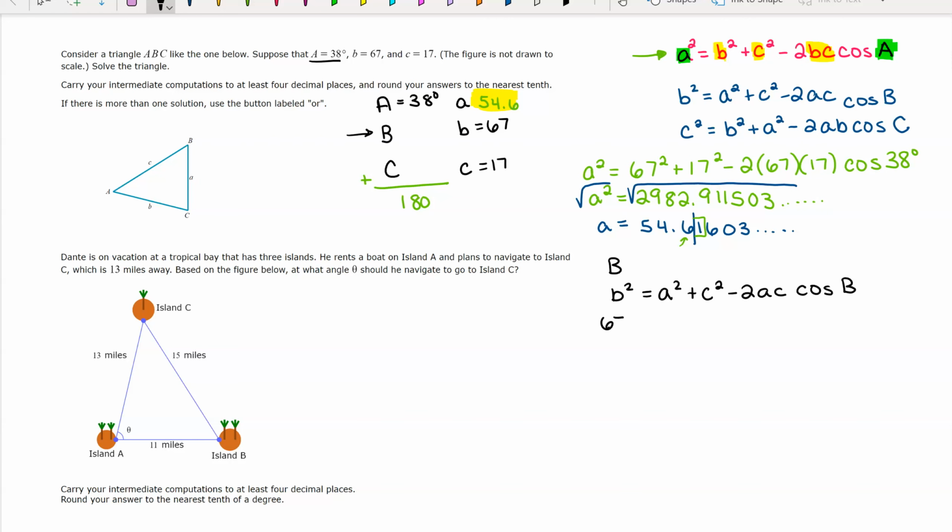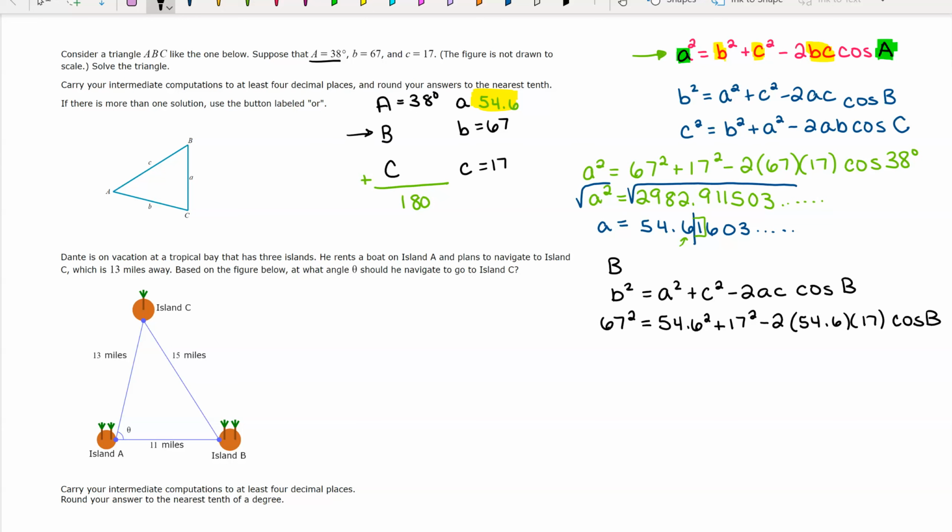We have 67 squared equals 54.6 squared plus 17 squared minus 2 times 54.6 times 17 times the cosine of B.